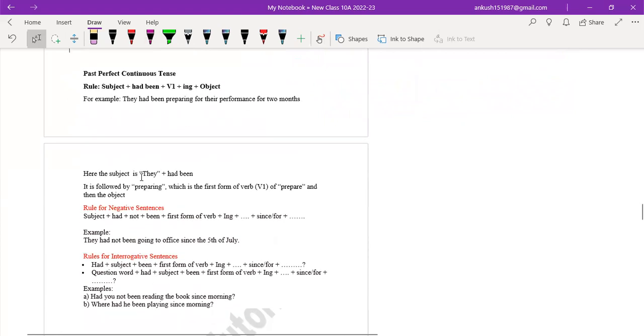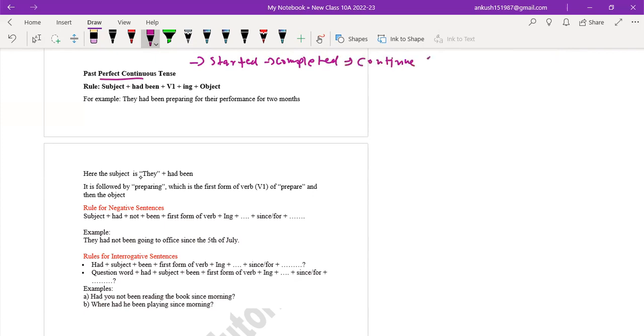Another subtype of past tense is past perfect continuous tense. Again, same thing is persisting over here, but this time the action was started, it was completed to some extent, and it continued for some time period in the past only.